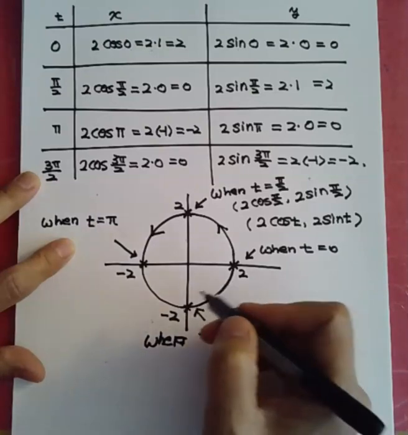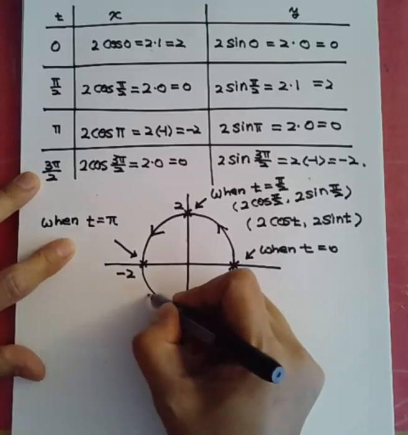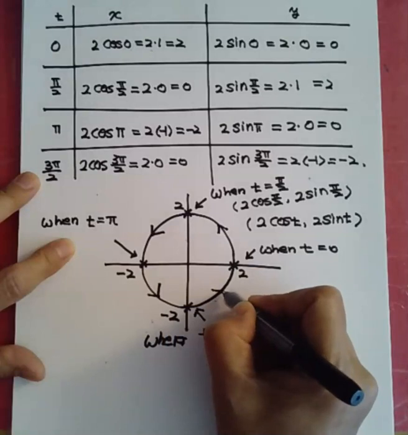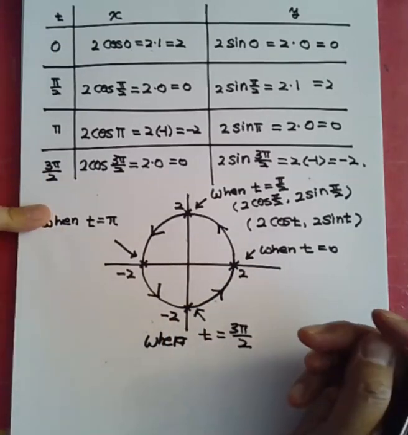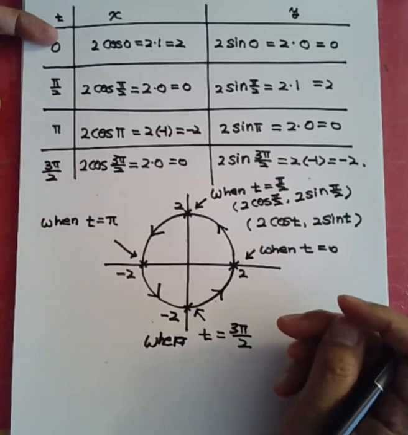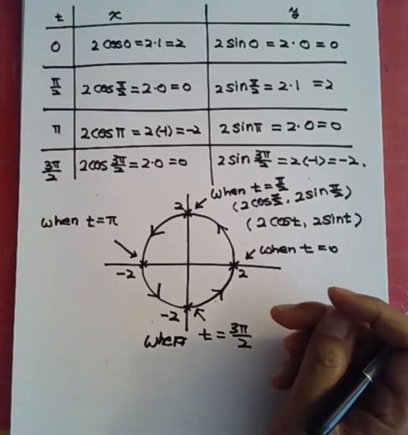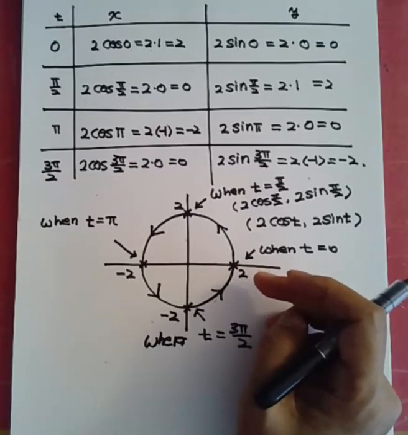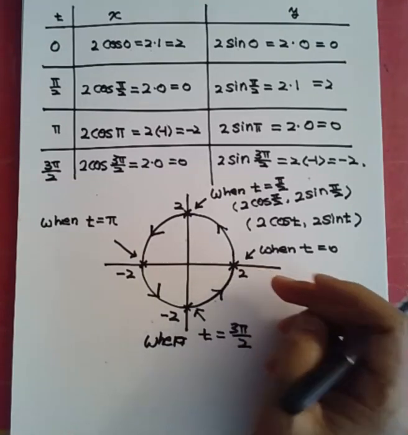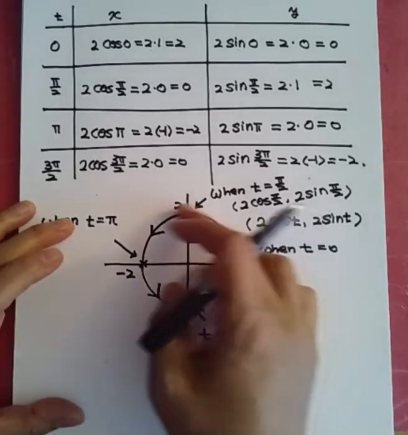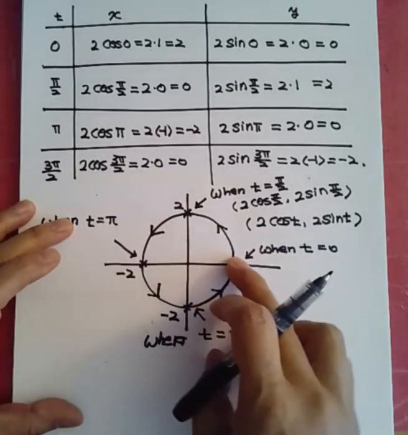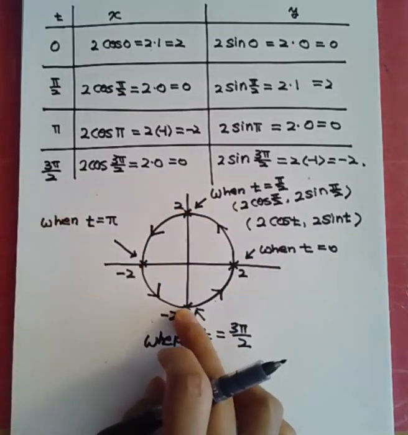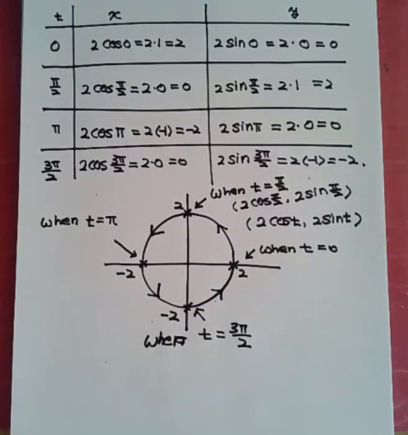This is the value, and we go this way, and then we go this way to go back to 2 pi, and then we have x value 2 and y value equals 0. So this is the direction, and the actual points we evaluated indicate the speed of the parametric curve.